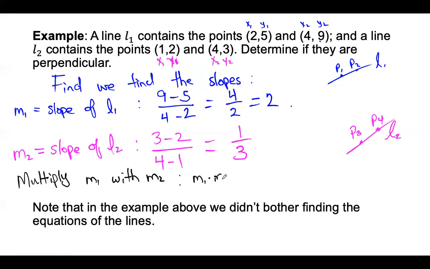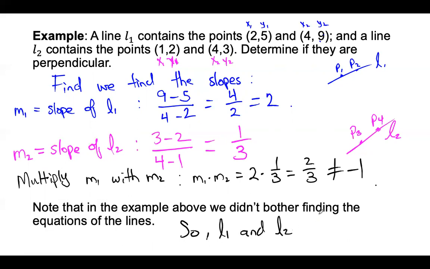M1 times M2 is equal to 2 times 1/3, which is equal to 2/3. And this is not equal to -1. So L1 and L2, they're not perpendicular.